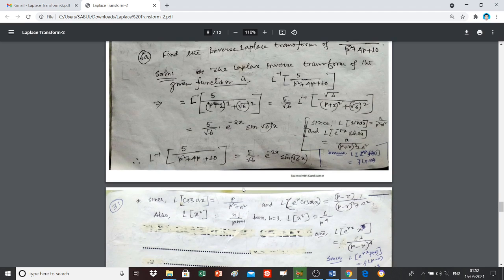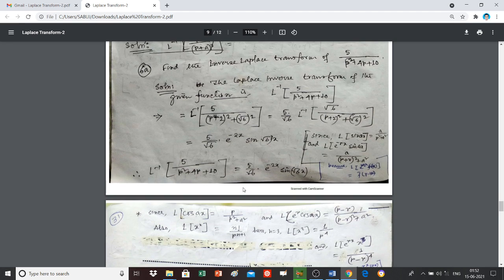Next one is here: find the inverse Laplace transform of 5 by p square plus 4p plus 10. So the inverse Laplace transform of the given function is L inverse 5 by p square plus 4p plus 10. That is equal to L inverse 5 by p plus 2 whole square, because p square plus 4p plus 4, then plus 6.